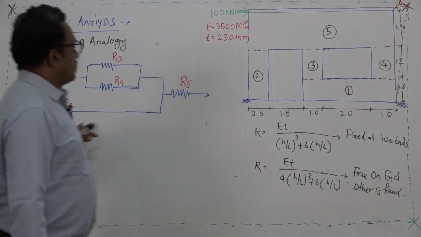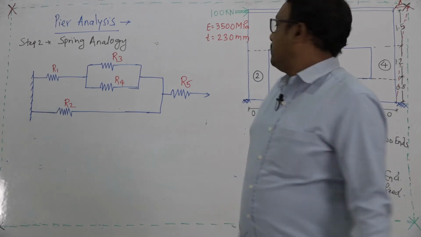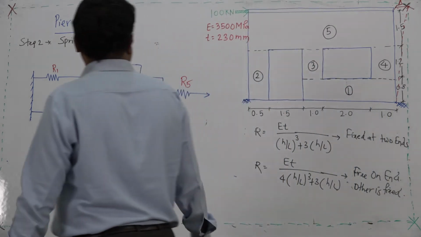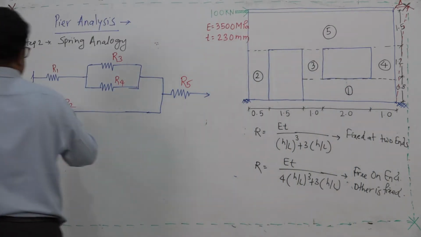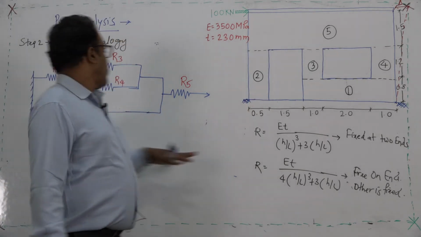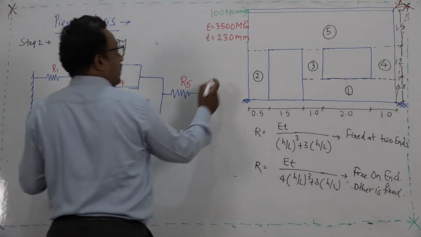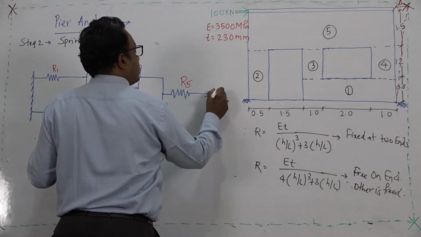So, this is how the piers are arranged by considering the spring in series or the spring in parallel. So, depends upon location of the pier with respect to each other. Now, we will try to find out this R 5, and the force on this R 5 is obviously 100 kilonewton.